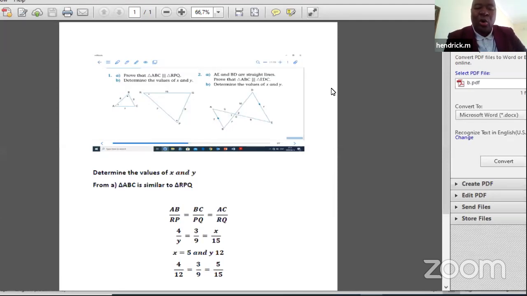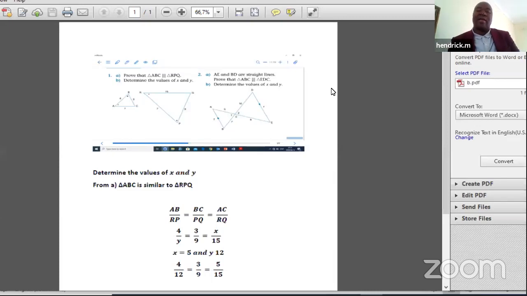So you do the same: in order to get the denominator, you multiply by 3, and in order to get the numerator, you divide by 3. So 4 multiplied by 3 will give you 12. Hence, Y is equal to 12. And the last part, 15 divided by 3 will give you 5. Therefore, X is equal to 5.